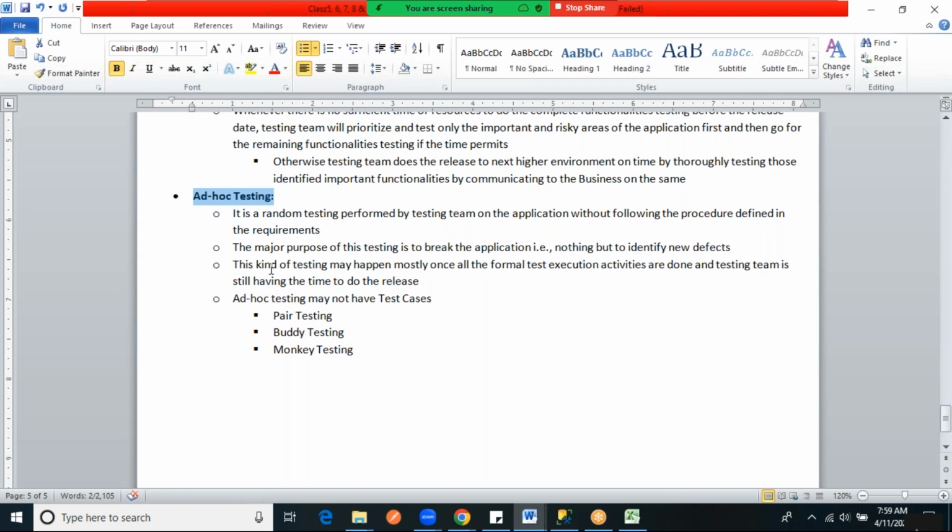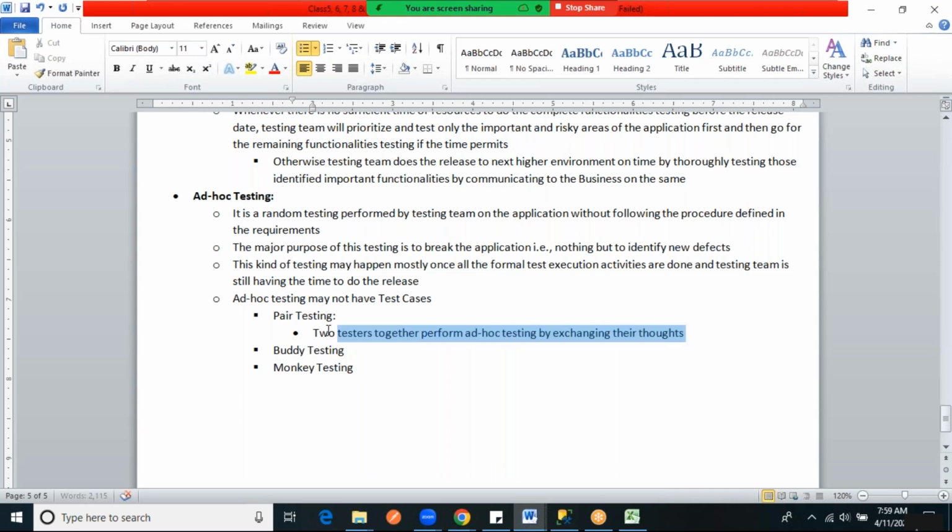Clear? So now how will you execute this ad hoc testing? Either you do it alone, or more than one person may do it together, like two testers together performing ad hoc testing by exchanging their thoughts.